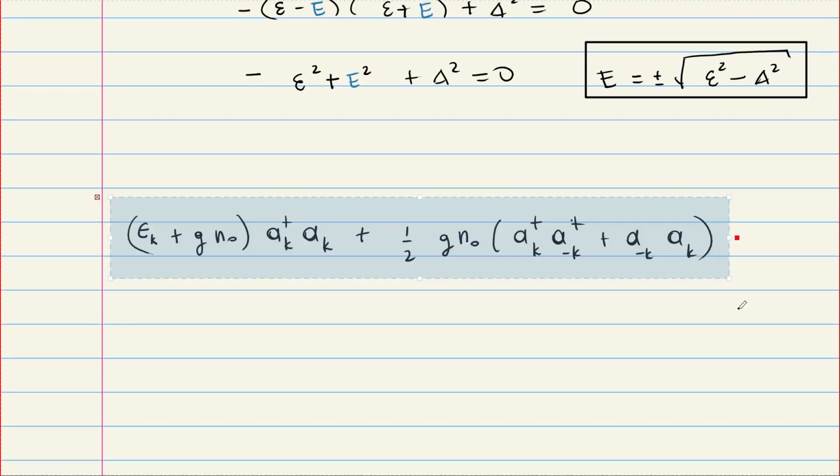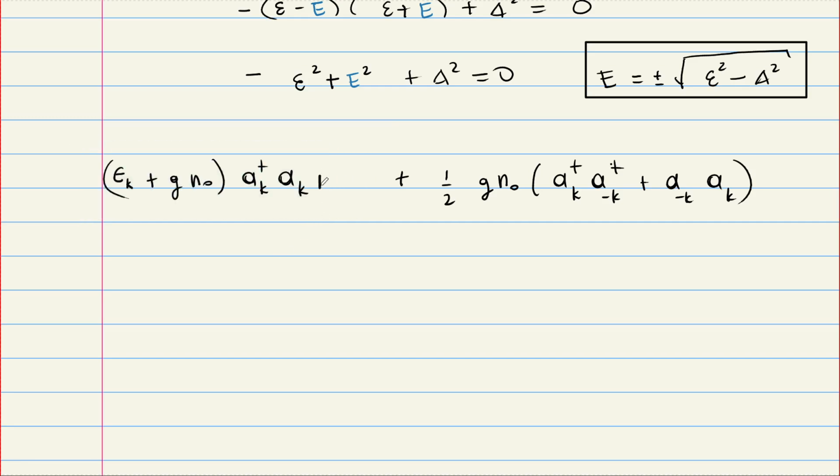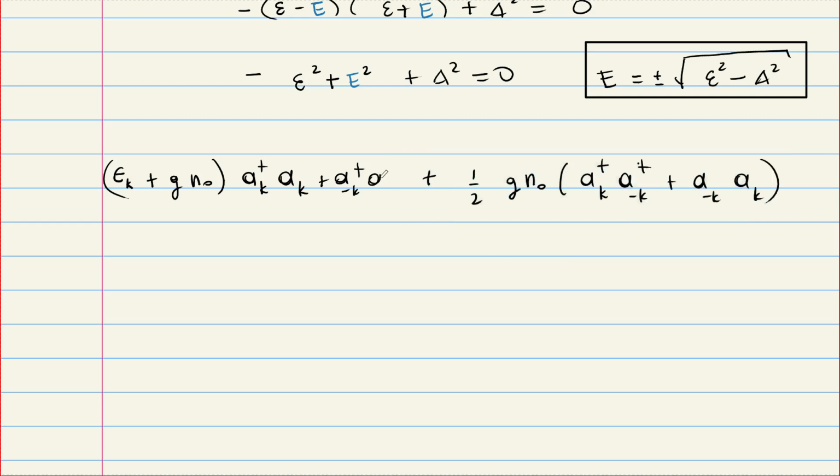So what we did was, by writing this plus a minus k dagger, a minus k, like this, we put 1/2, and rather than putting a 1/2 there, I just erase this.